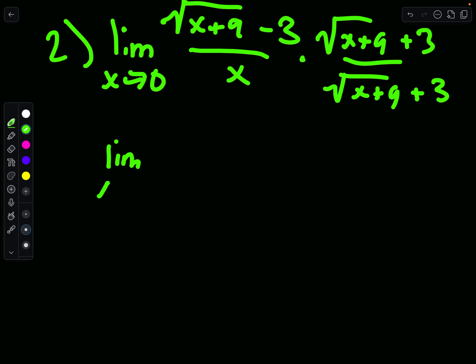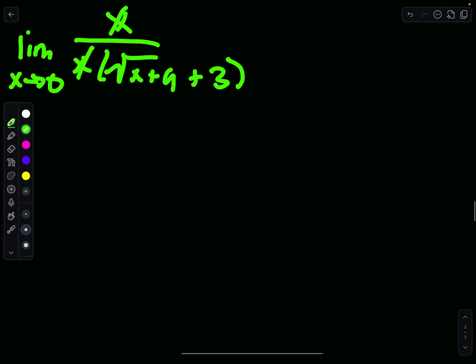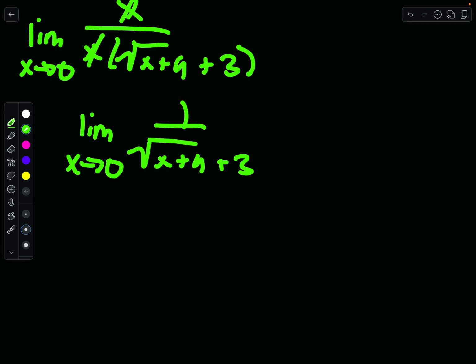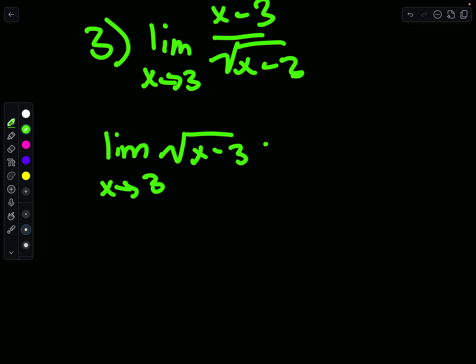You get the limit as x goes to 0 of x over x times that conjugate, root x plus 9 plus 3. Cancel. You are left with the limit as x goes to 0 of 1 over root x plus 9 plus 3. This simplifies to 1/6. Now for our last problem, we can simplify to get the limit as x goes to 3 of root x minus 3. And this is just root 0 equals 0.